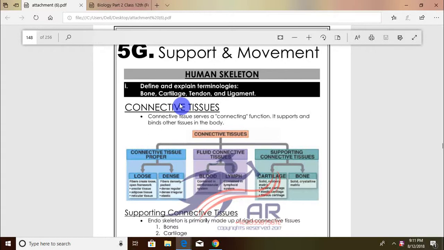So you need to be able to define and explain what bone and what cartilage is. Now both bone and cartilage are what you call supporting connective tissue. However, they have different properties. Bone is considerably much more rigid compared to cartilage, and it's much harder, and the reason for it being harder is because of the deposition of calcium phosphate, right?